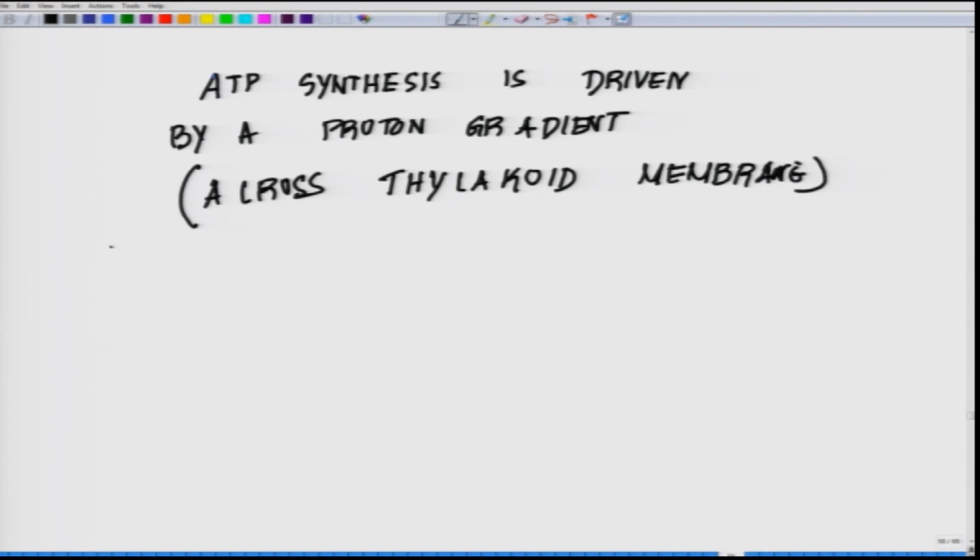So, in 1966, a gentleman called Andre Jagendorf showed that chloroplasts synthesize ATP in the dark when an artificial pH gradient is imposed across the thylakoid membrane.